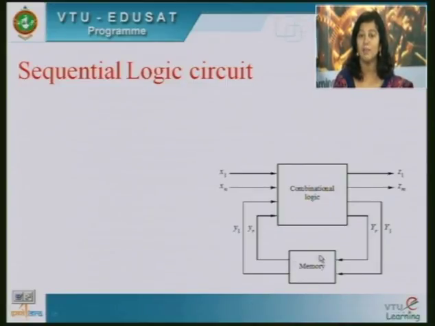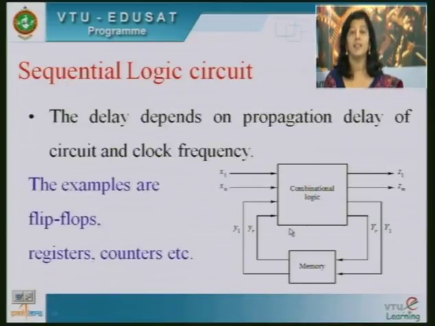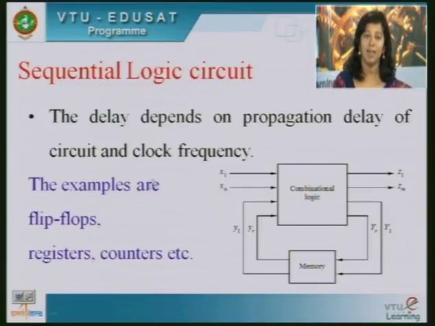So, a memory element is shown here through which the feedback signals pass through. And in this circuit we should remember the propagation delay depends on the combinational logic circuit, and it also depends on a clock frequency. We are going to connect a clock signal to this circuit also.